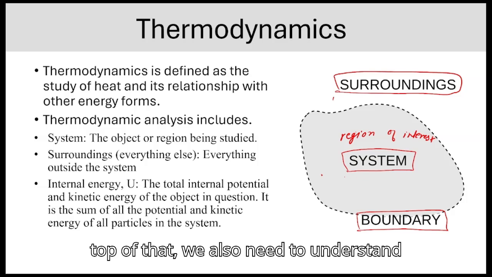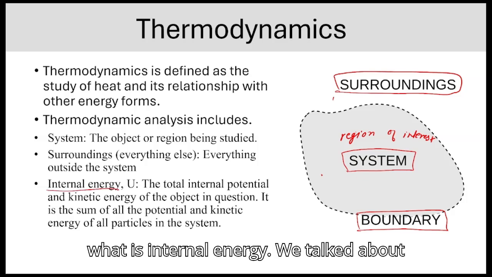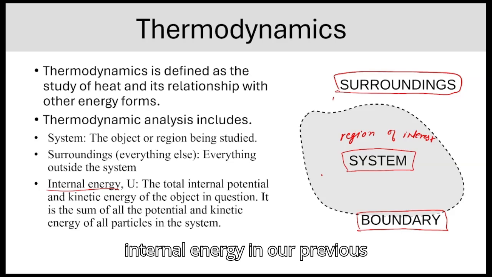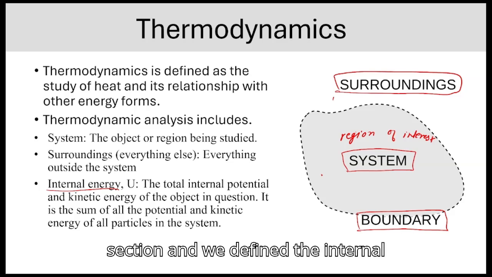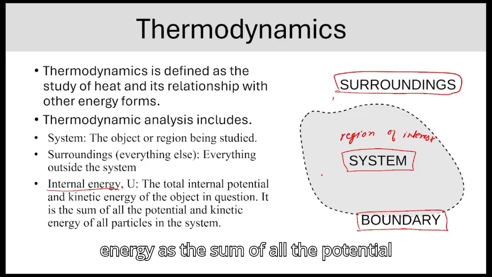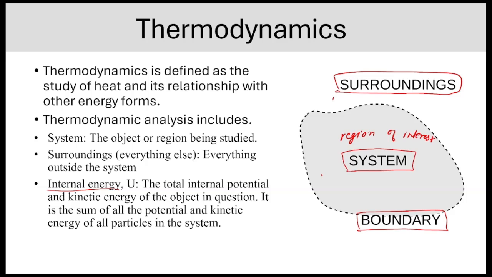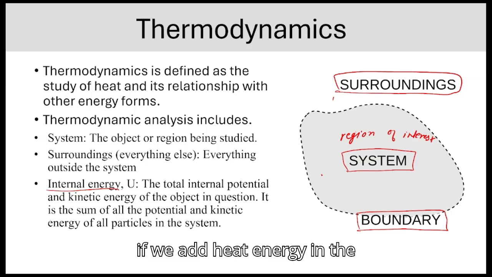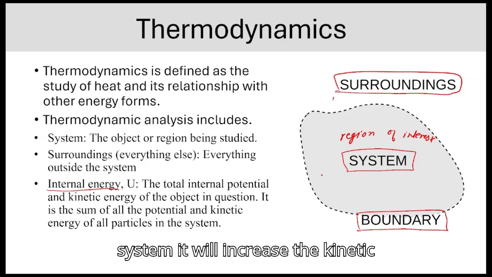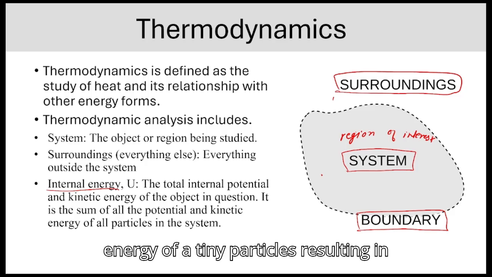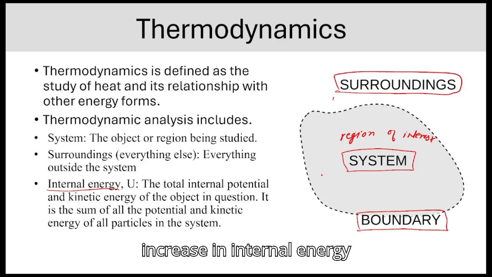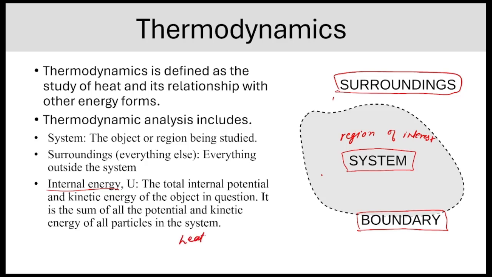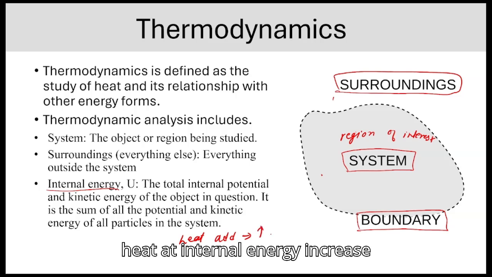On top of that, we also need to understand what is internal energy. We talked about internal energy in our previous section, and we defined the internal energy as the sum of all the potential energy and the kinetic energy of all these tiny particles within the system. And since it's the sum of kinetic and potential energy, if we add heat energy to the system, it will increase the kinetic energy of the tiny particles, resulting in an increase in internal energy.